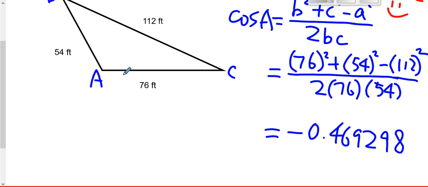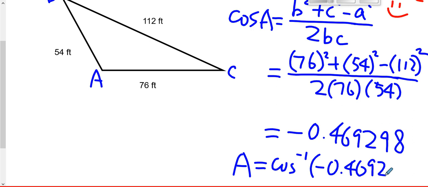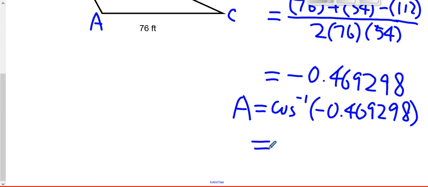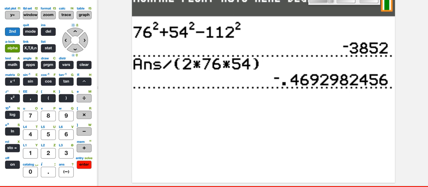Then that's not the final answer because this is cos A. To find A, you do the inverse cos of the same number, negative 0.469298. In this case, the number is a little bit lengthy. You can do inverse cos, second cos.